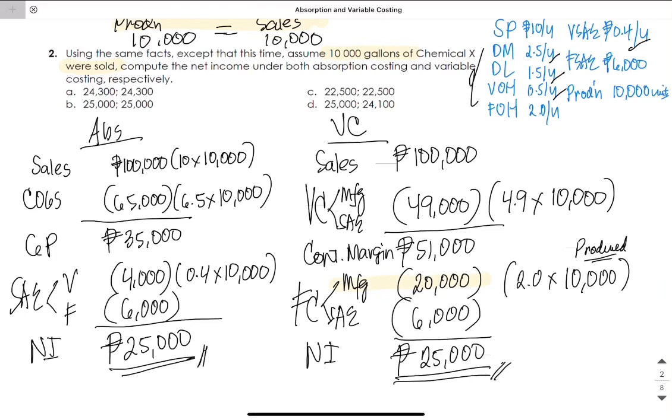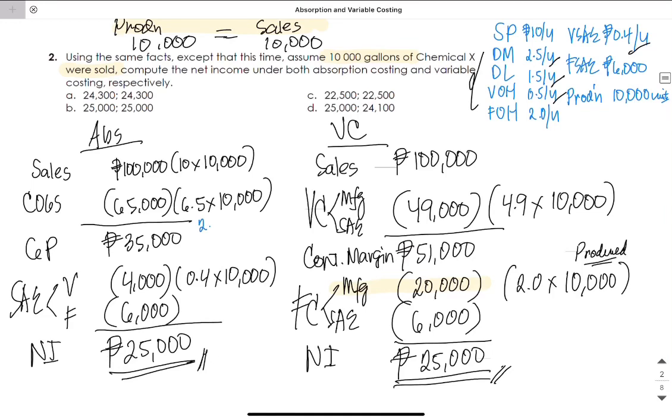When you compute the cost of goods sold per component, you would notice that we're going to use the same 2 times 10,000, because it is based on the number of units sold. So that's the difference.